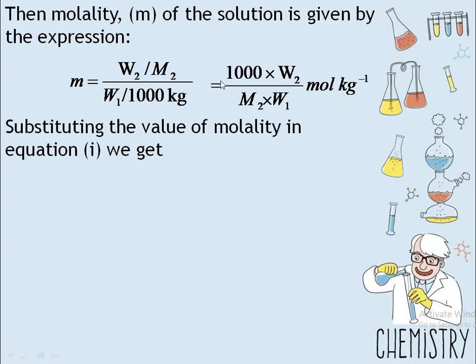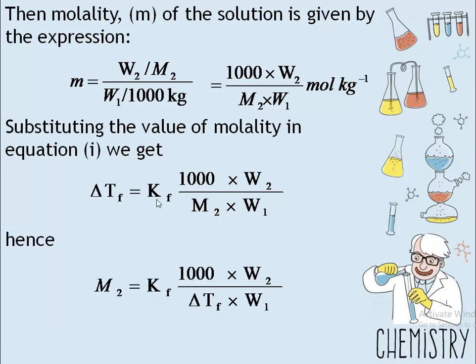Substituting this value of molality in our equation 1, which is delta Tf equals Kf into m, delta Tf is equal to Kf into 1000 into W2 divided by M2 into W1. Now we have to find the molar mass of the solute, so M2 will go to this side and delta Tf will come here.